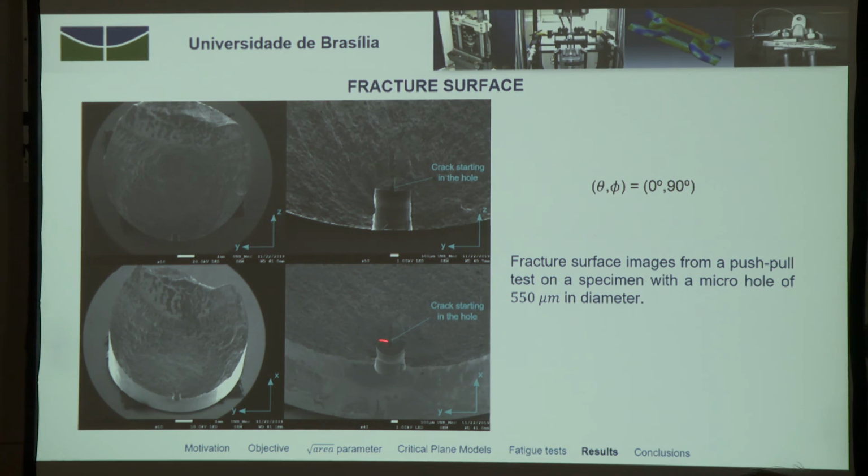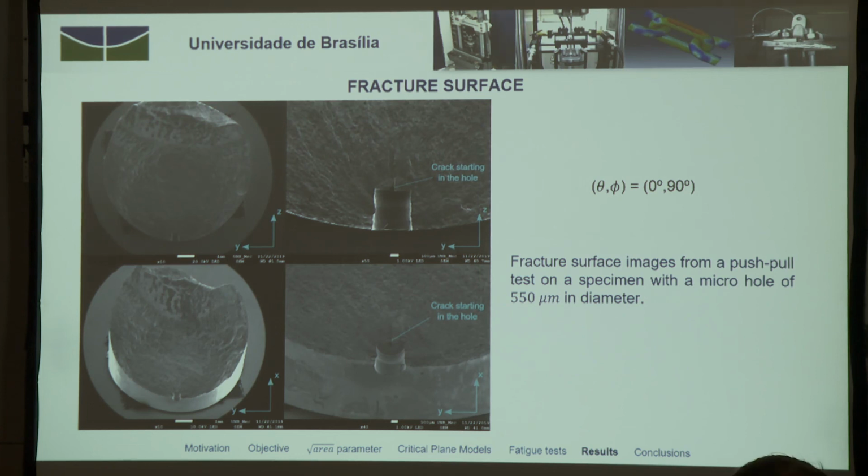Here, a fracture was expected in a plane at 45 degrees, which means the plane of maximum shear stress in tension-compression, but the failure occurred in a plane at 90 degrees to the axis, which means a plane with the maximum principal stress.